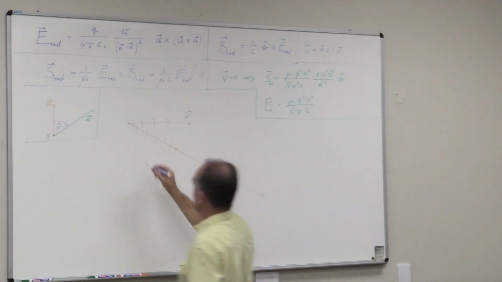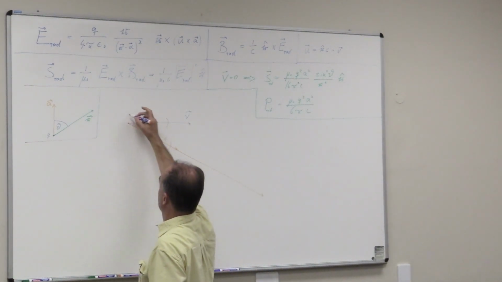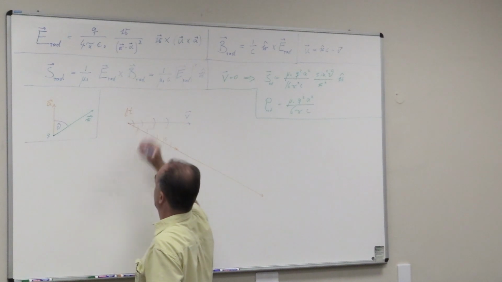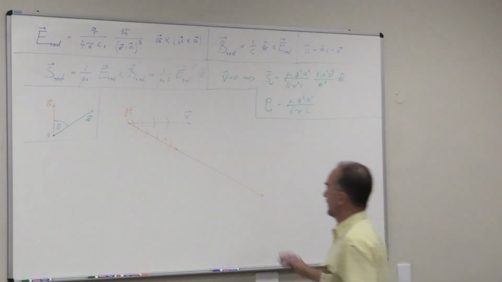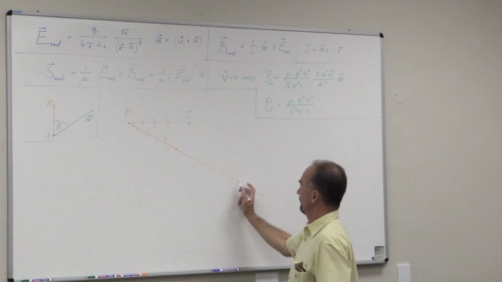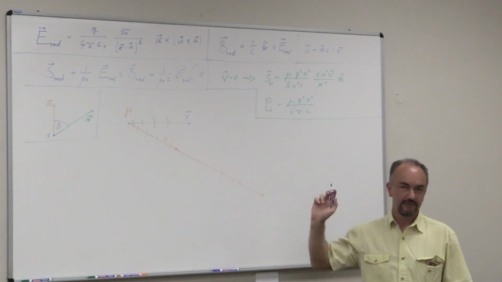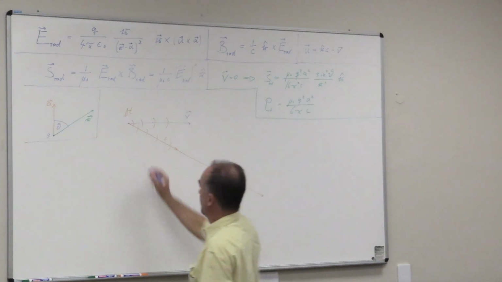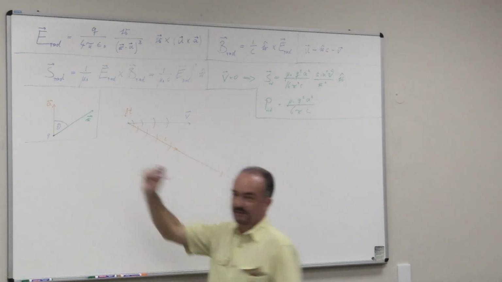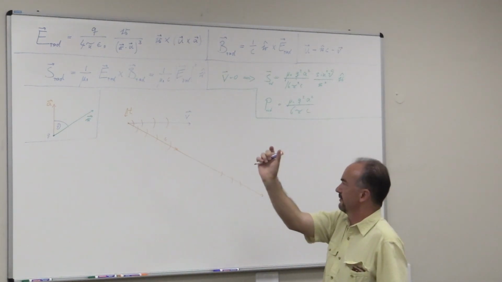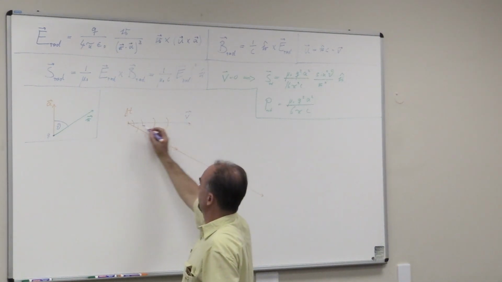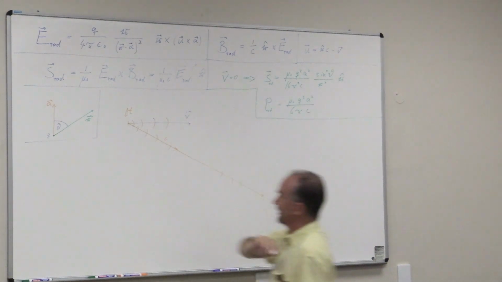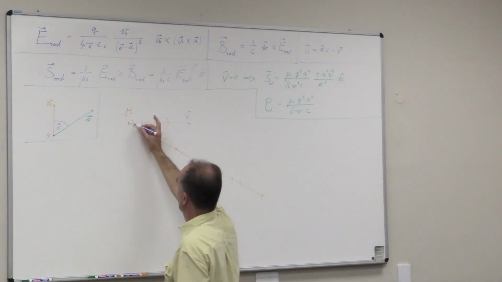Say at some interval, some delta t. But at what rate do we actually receive this? If between one wave crest and the next there's some time delta t, by the time the charge emits the next wave crest, it has moved a little bit.